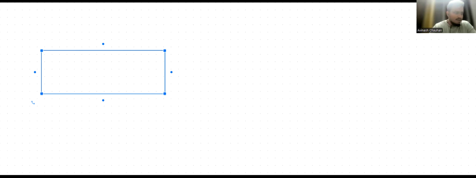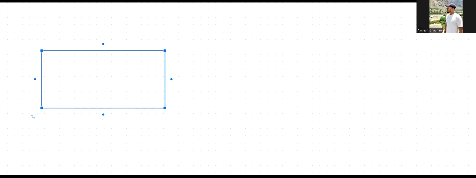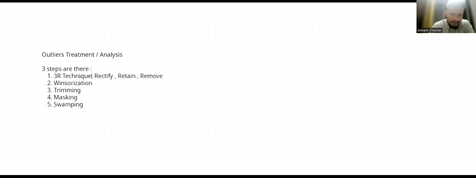Fourth step is masking. Fifth step is swamping. So we are going to discuss today winsorization, trimming, masking, swamping.